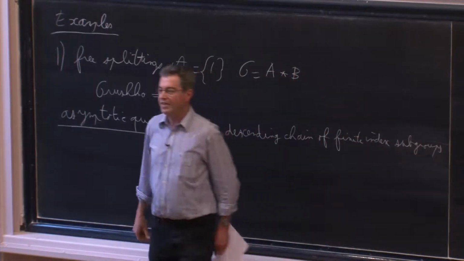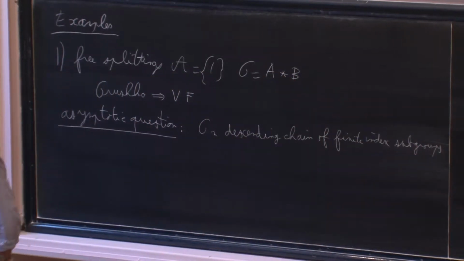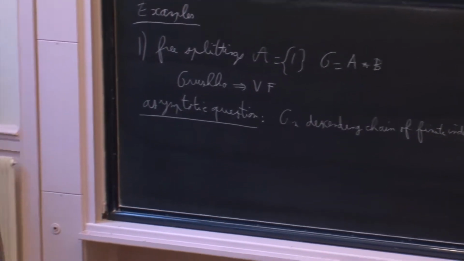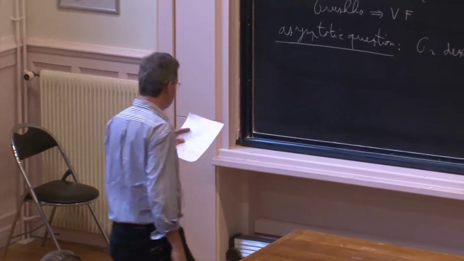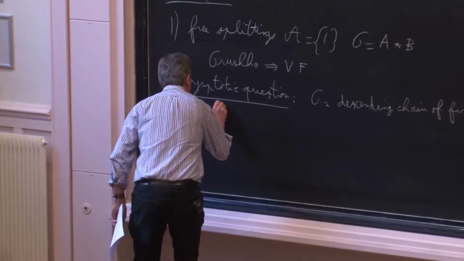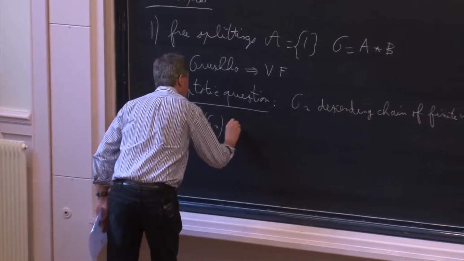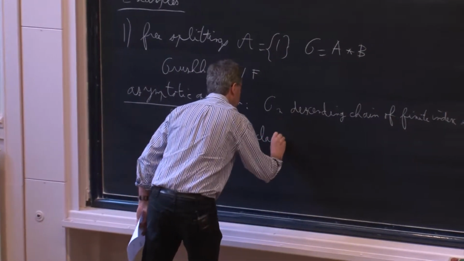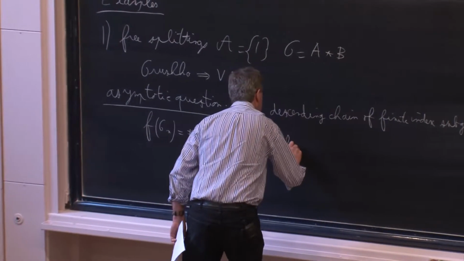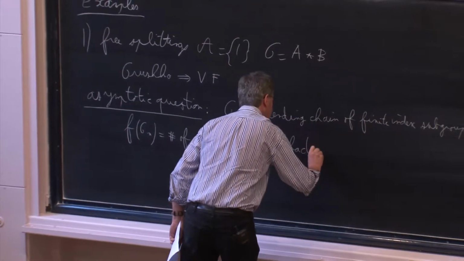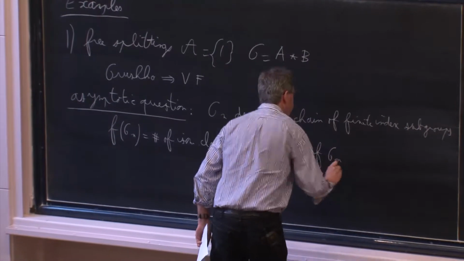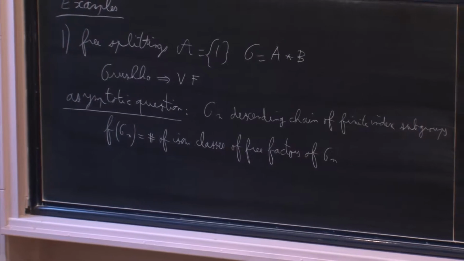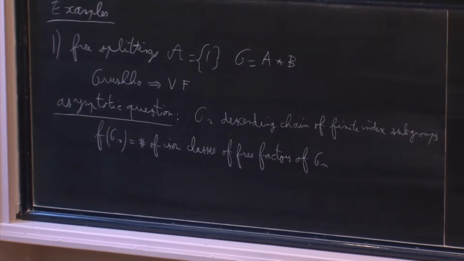And if you want, say G is residually finite, so the intersection of the Gn's is just the trivial group. Okay. And then you can define f of Gn as the number of isomorphism classes of free factors of Gn. So either that or something similar. It's not clear whether this is the right definition, but something in this direction.